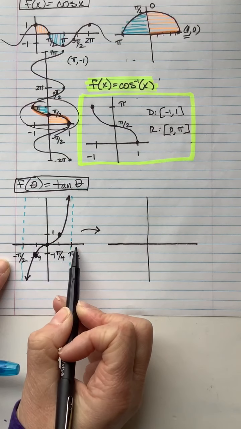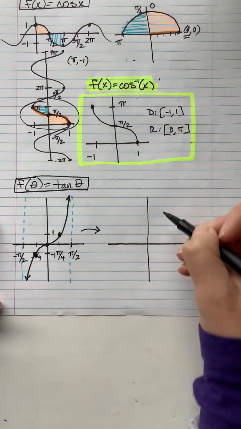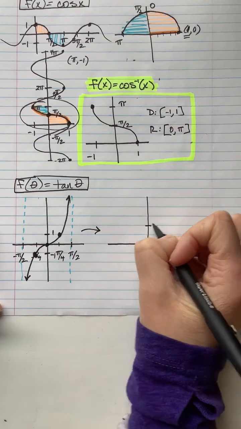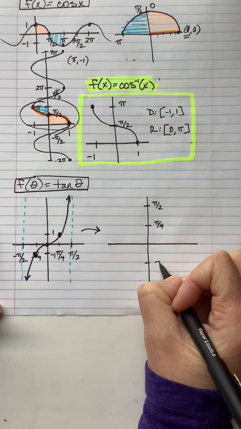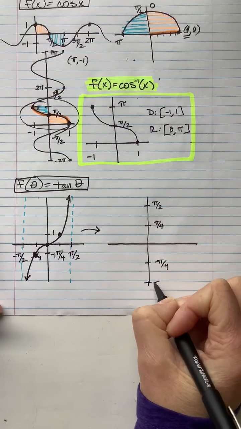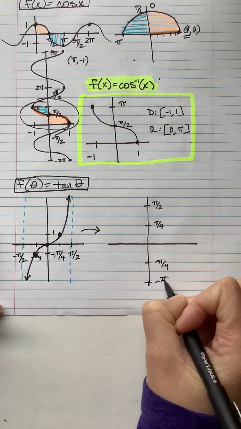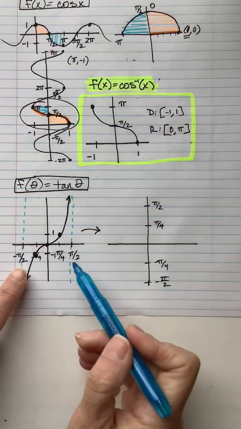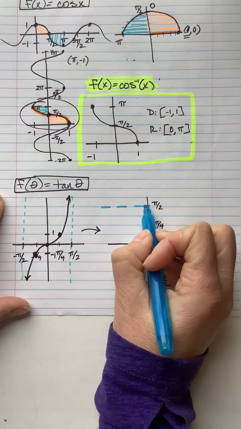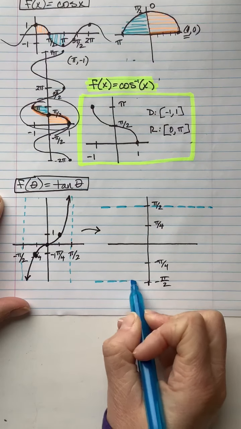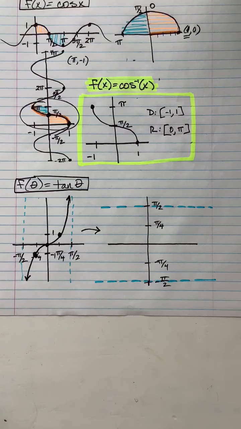My old horizontal used to be my radians, so that will be my new vertical. So I've got my pi over 4, pi over 2, negative pi over 4, negative pi over 2. All right, so my old asymptotes were vertical. My new asymptotes for my inverse are going to be horizontal.